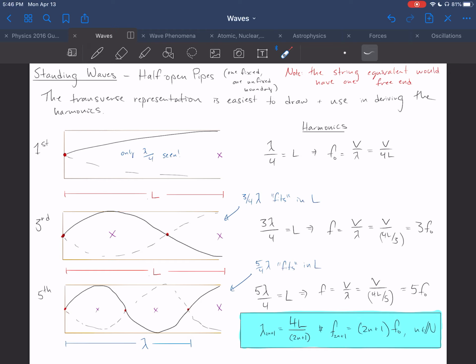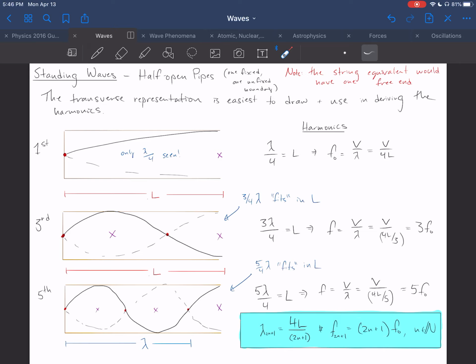And we see that there is a full wavelength and an extra quarter wavelength that fit in the half-open pipe. So 5/4 lambda fits in L. Therefore, the frequency is v over 4L divided by 5, and therefore 5 times the fundamental frequency.